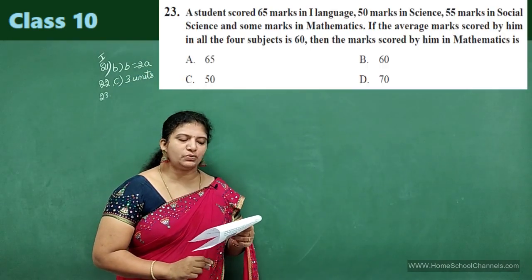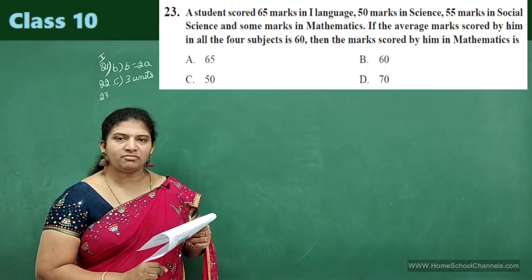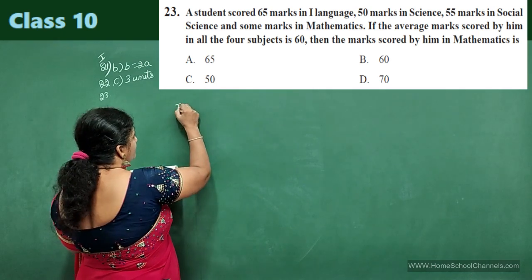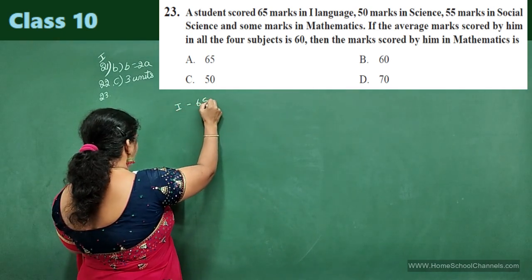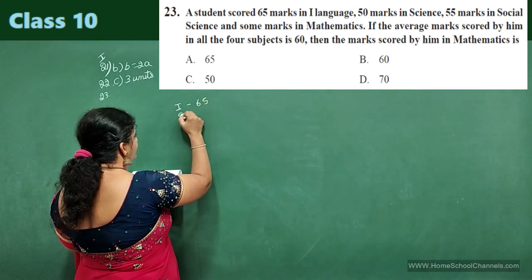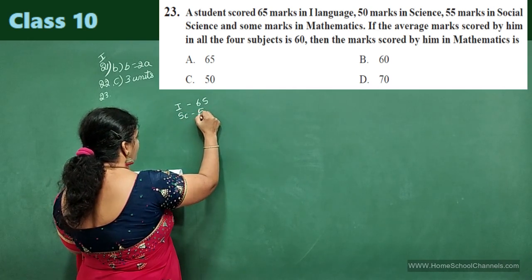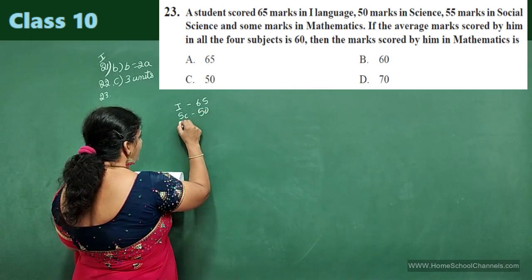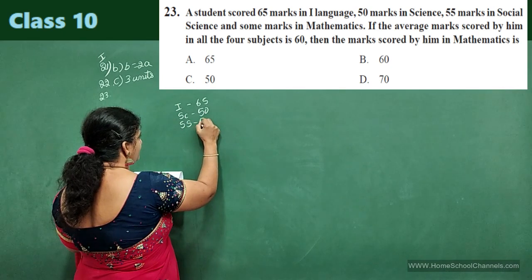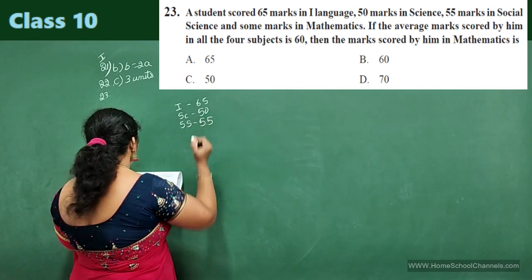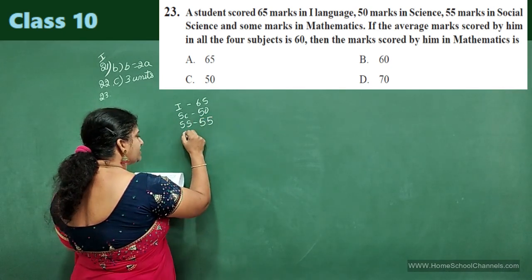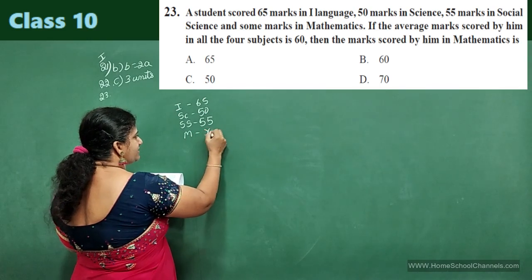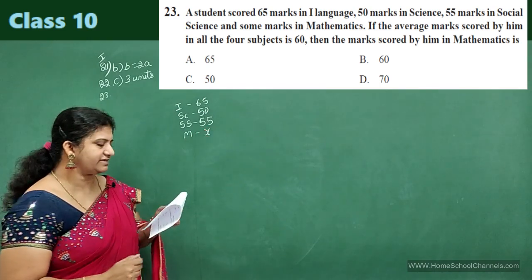23rd question, a student scored 65 marks in first language and 50 marks in science, 55 marks in social science and some marks in mathematics. We don't know, let me assume it as x.